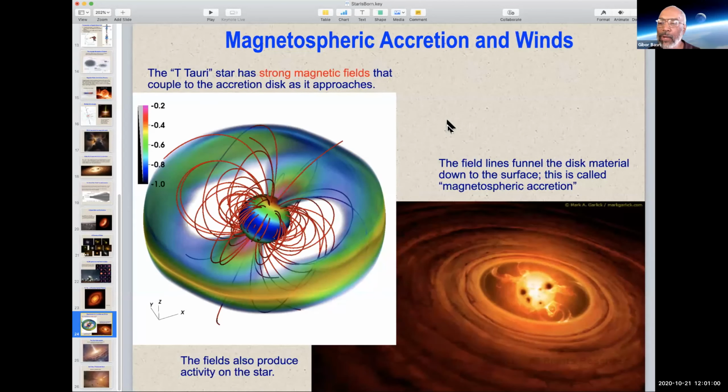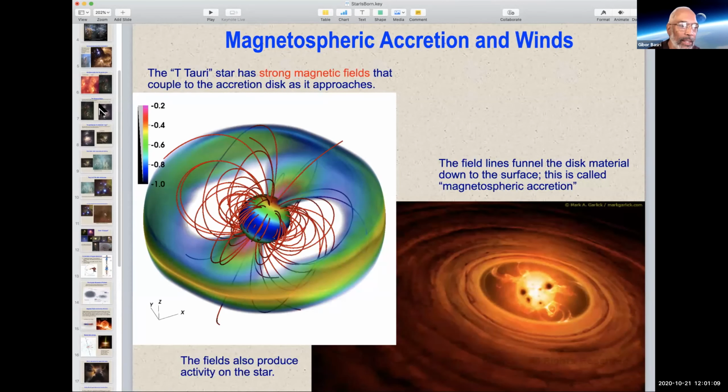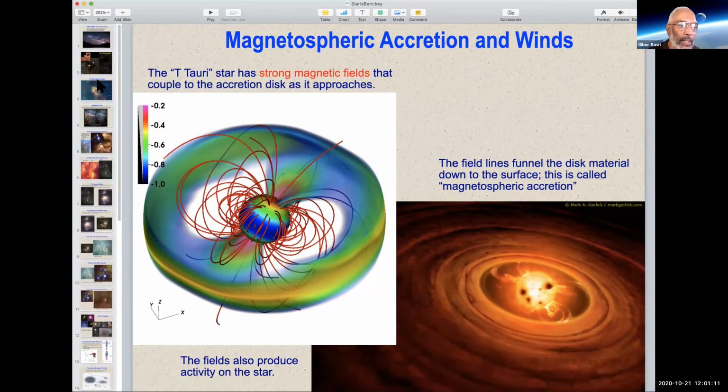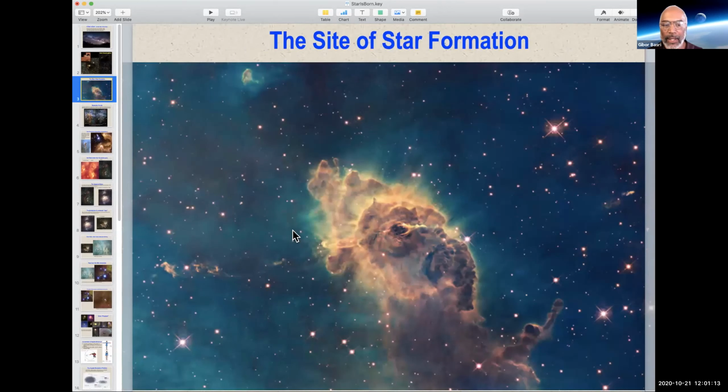Yeah. So the initial spin that we had to get rid of the angular momentum from, where does that initial spin come from? Let me go back. Say here. So here's the molecular cloud before it's making stars. How did this collect up?